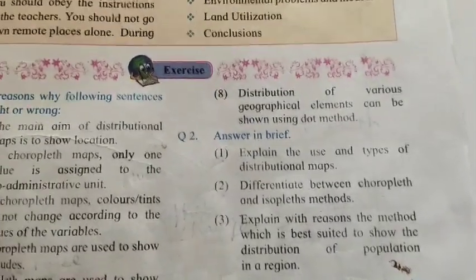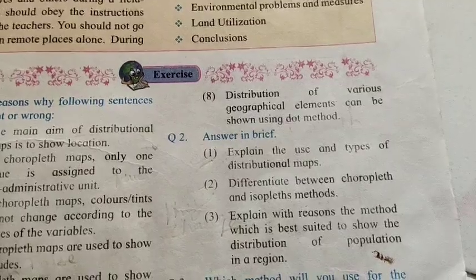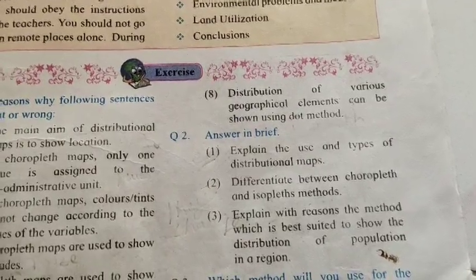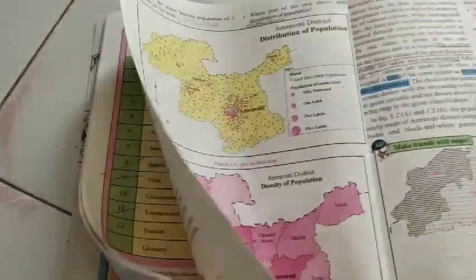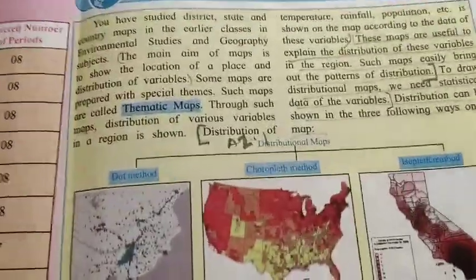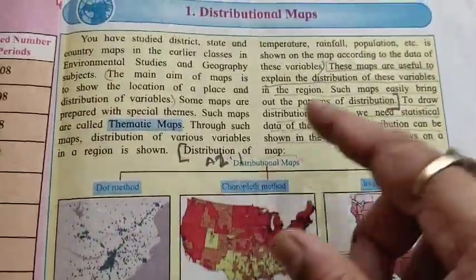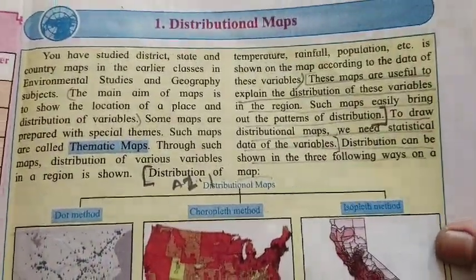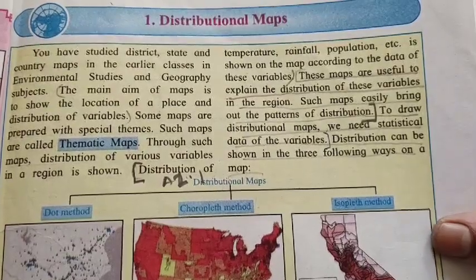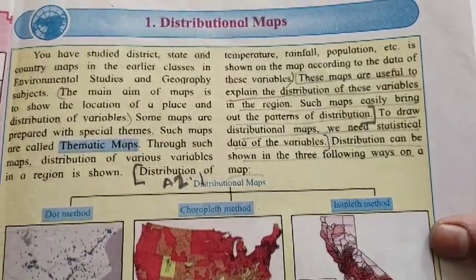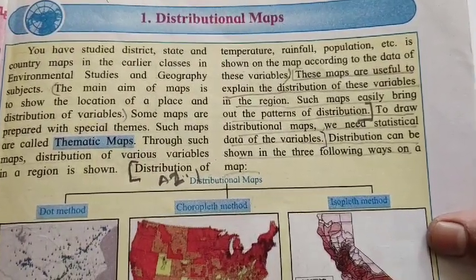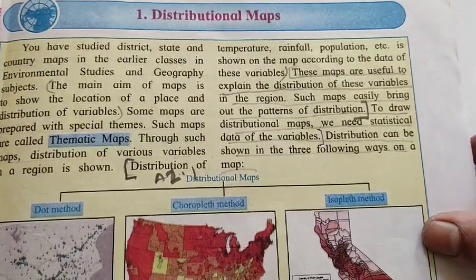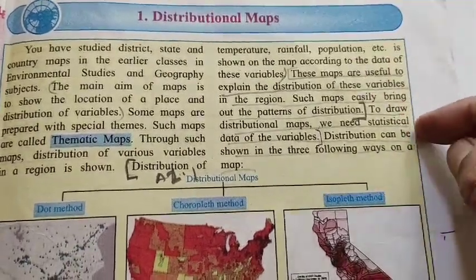Now question number 2, answer in brief. Explain the use and types of distributional maps. The answer to this particular question is on the first page. Let me open the page. Here. Distribution of temperature, rainfall, population, etc. is shown on the map according to the data of these variables.